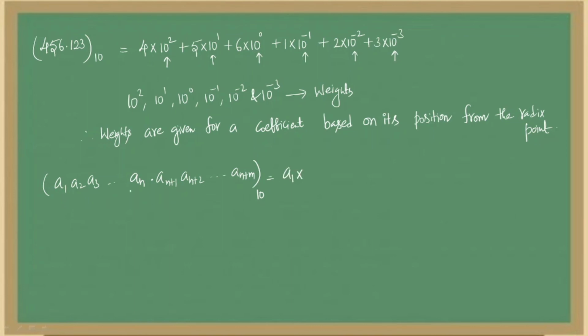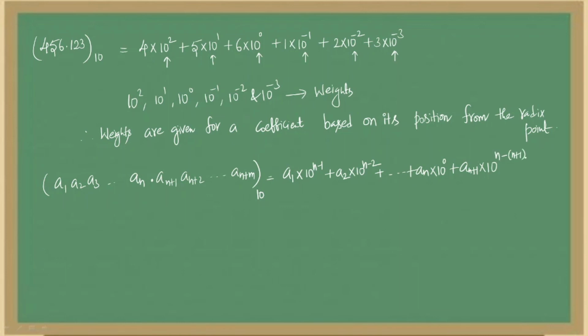a1 into, so here it is at the nth position, so the weight for this is 10 power n minus 1 plus a2 into 10 power n minus 2 plus, and so on. For an, what will you get as the weight? For an you will get 10 power 0, that is 10 power n minus n. And for the coefficient of a n plus 1, you will get a n plus 1 into 10 power n minus n plus 1.